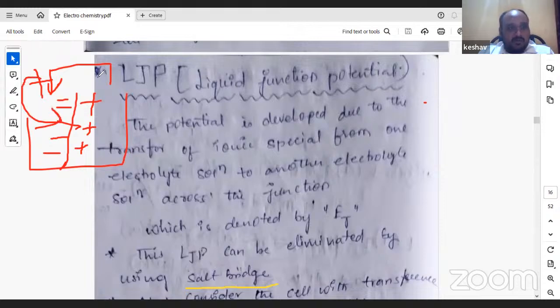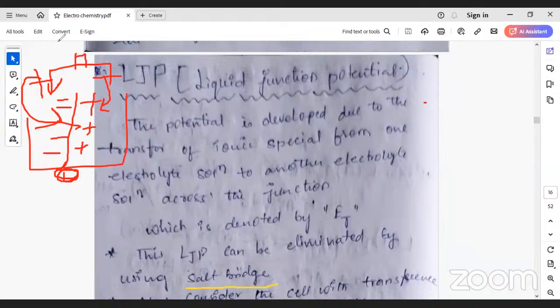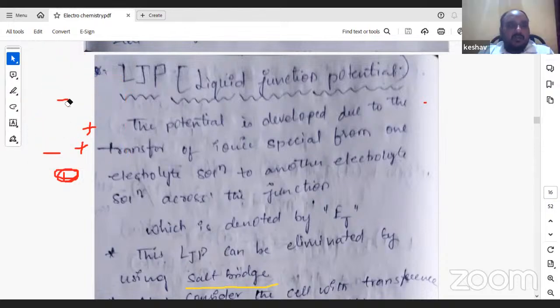Here positive will be more, so the negative ions from the salt bridge will come and neutralize them. Therefore, the potential will be zero at the junction with the help of a salt bridge. That's why the liquid junction potential can be eliminated by using a salt bridge. Simply we can say that.